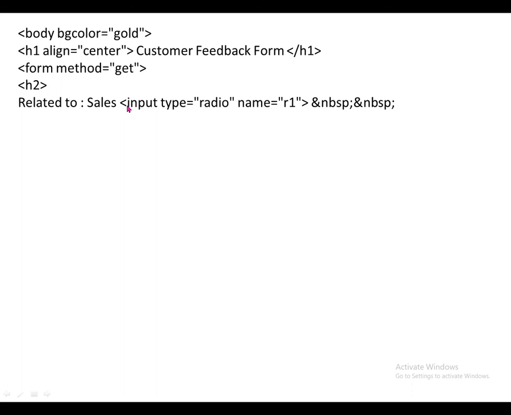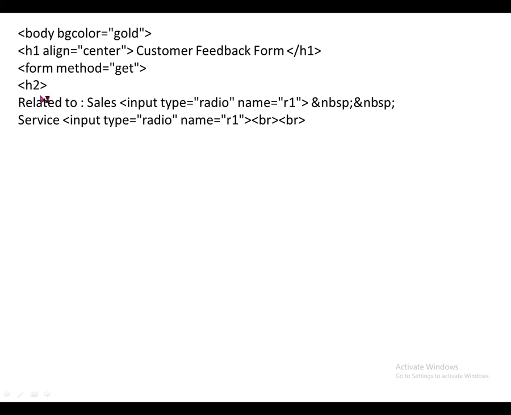So in front of sales you are adding input type radio to create a radio button, name R1, and you remember this tag to add two blank spaces, ampersand nbsp semicolon, again ampersand nbsp semicolon, that means you are adding two spaces. After this, first is sales, then service, input type radio name R1, again BR BR. So in front of related to you are getting sales or service and two radio buttons.